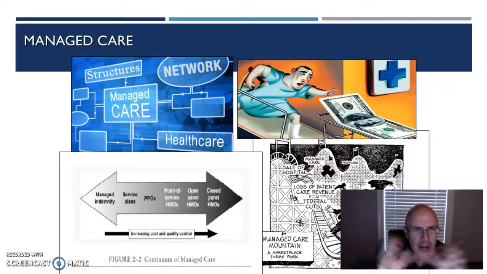It became popular because of this concept of savings, a concept of efficiency, increased quality. There was a failure of fee for service, right? The more volume we do, the more we get paid. And so managed care was this silver bullet to fix all that. Managed care had some pretty tight controls over the healthcare system.